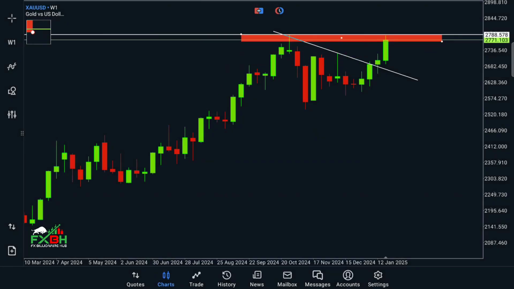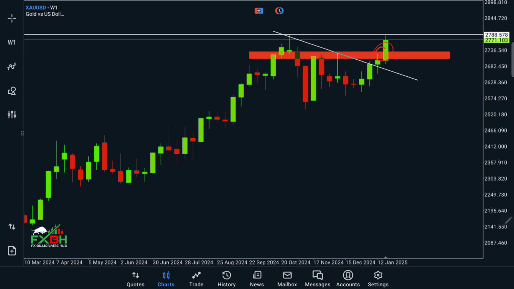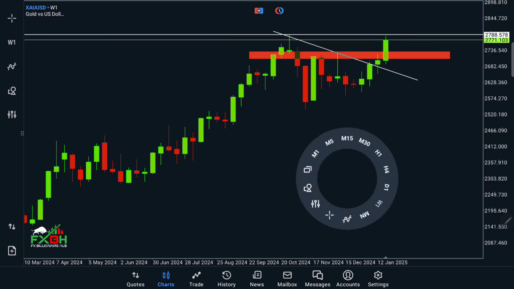If we draw a rectangle over here, as you can see there, the market is trying to make another buy from here, because this support zone is broken, and maybe it will give us a pullback again, then go buy. So the weekly candle confirms that the market will go buy for the next week.